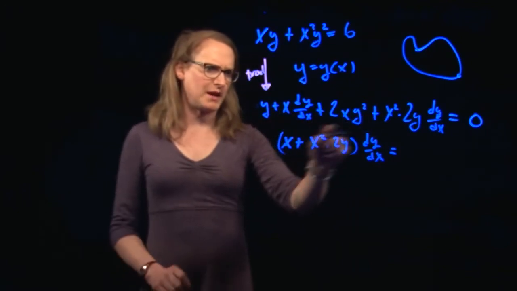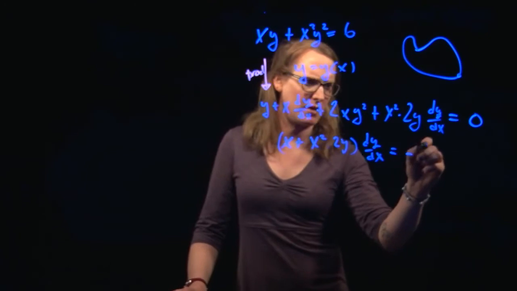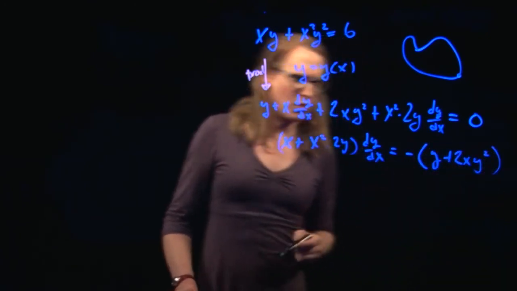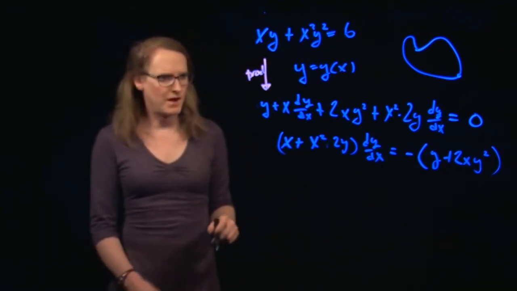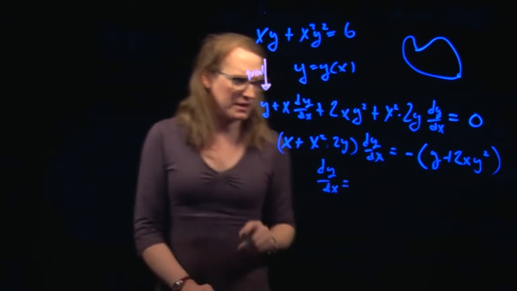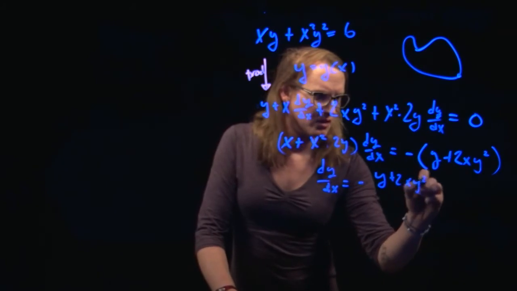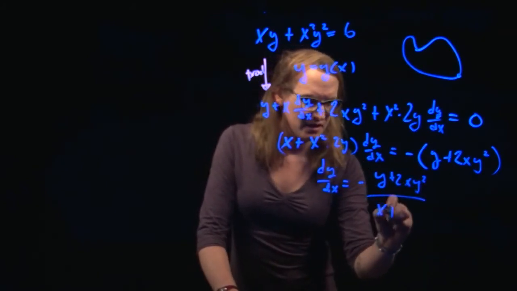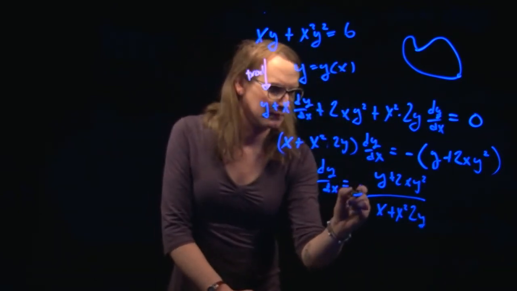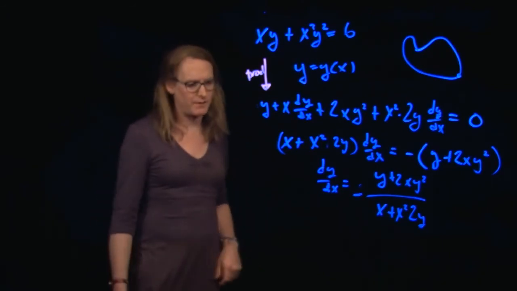Then everything else without a dy dx goes to the other side, so minus y plus 2x y squared. And finally, dy dx is equal to minus y plus 2x y squared over x plus x squared 2y. And we have our derivative.